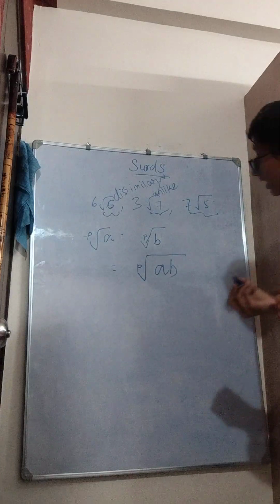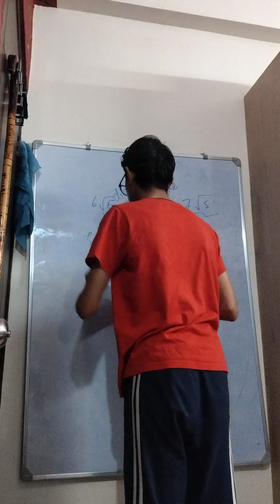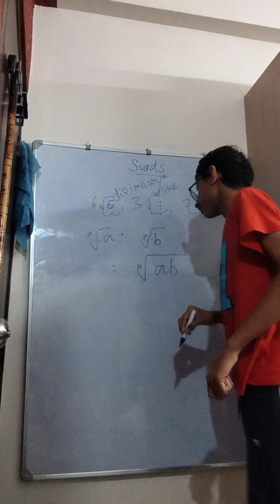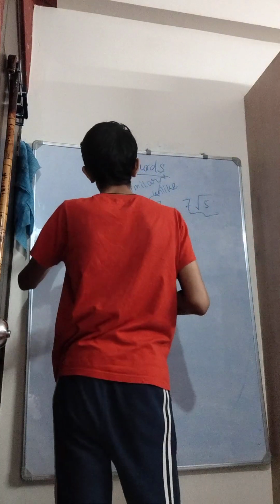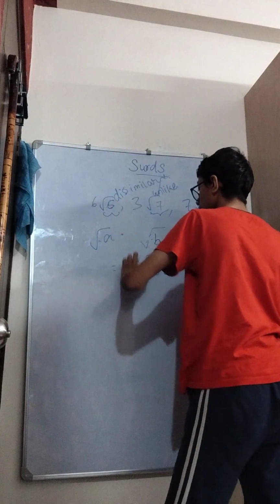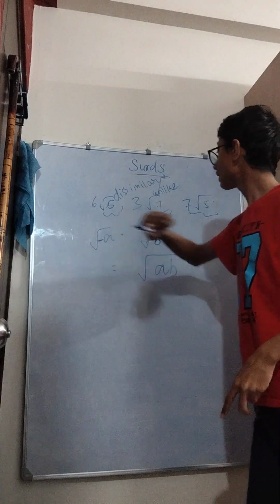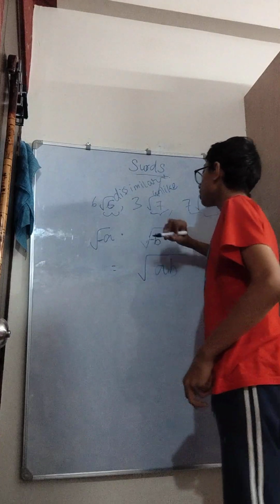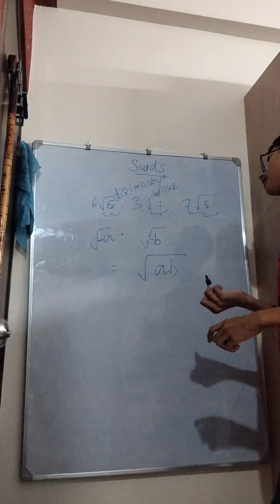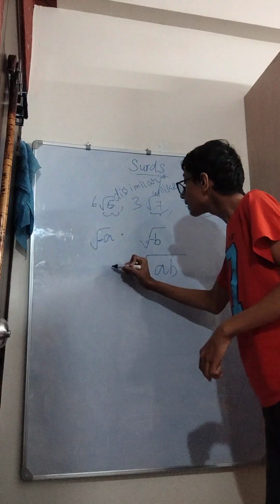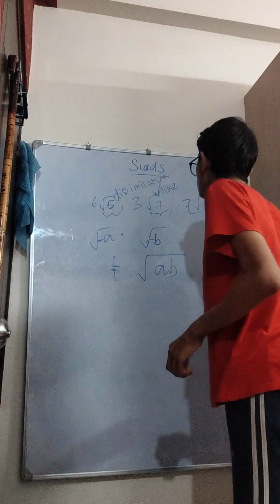This we can write. But what if it is minus here? Let p equal 2 for now. For example, root minus A into root minus B, we can't write it as root AB.